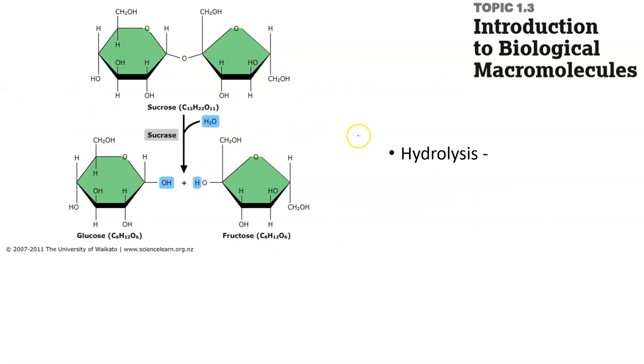Okay, hydrolysis. This is the reverse of that process. As you'll notice in this case, before we had glucose and fructose coming together to form sucrose, hydrolysis is the cleavage of a bond, or the breaking of a bond by adding water.